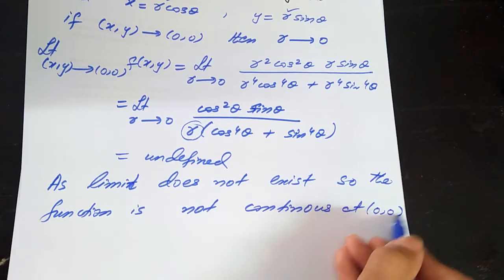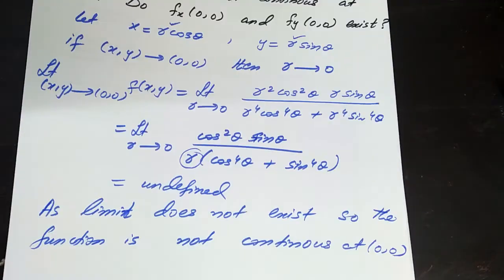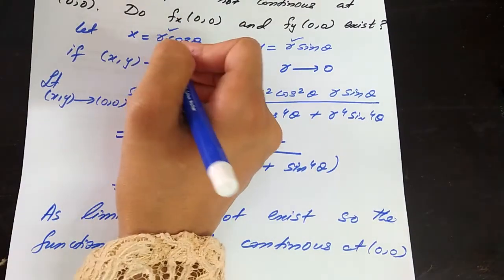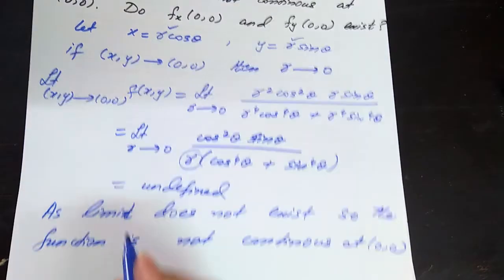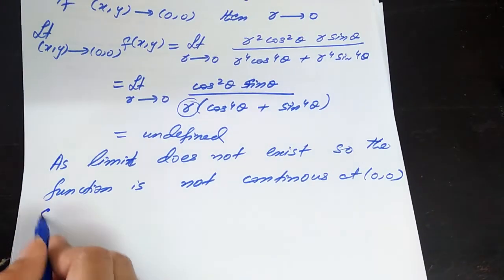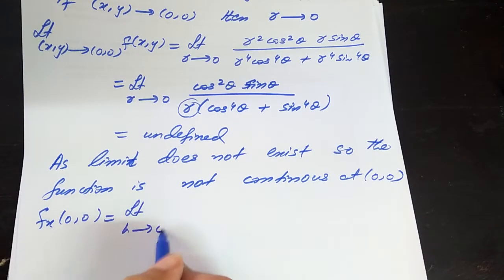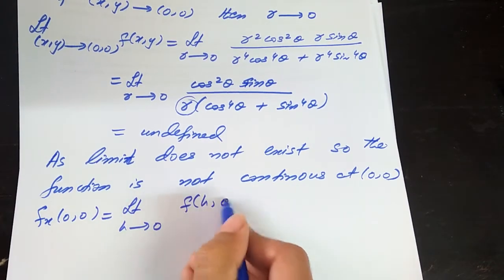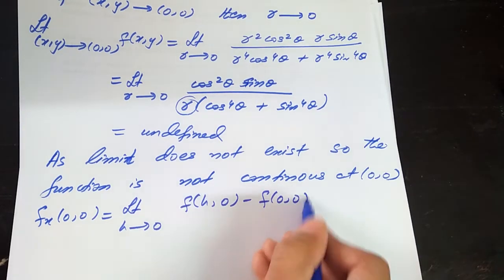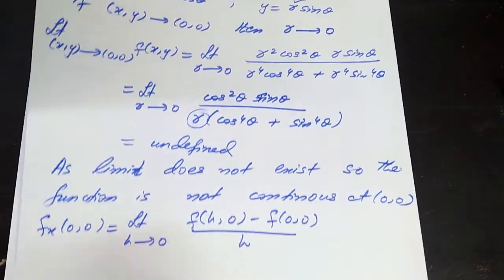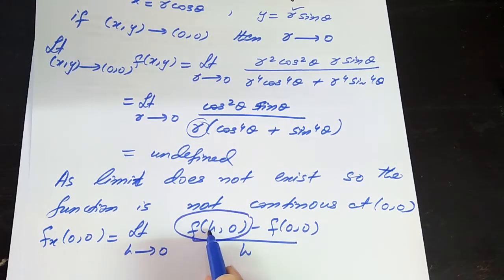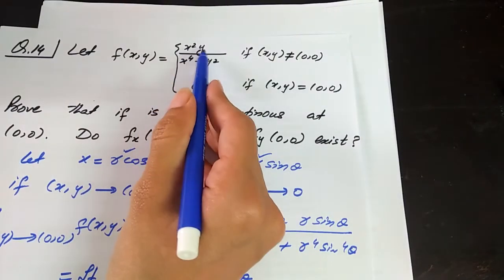Now we need to find the partial derivatives with respect to x and with respect to y. For that purpose, fx of 0, 0 will be equal to limit h approaches to 0, f of h, 0 minus f of 0, 0 divided by h. Now we have to put this h, 0 in place of x and y.